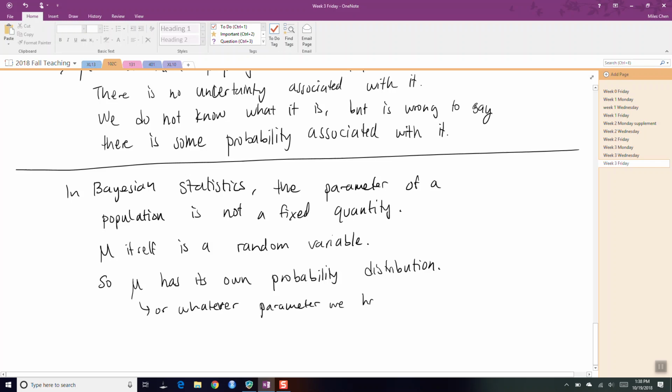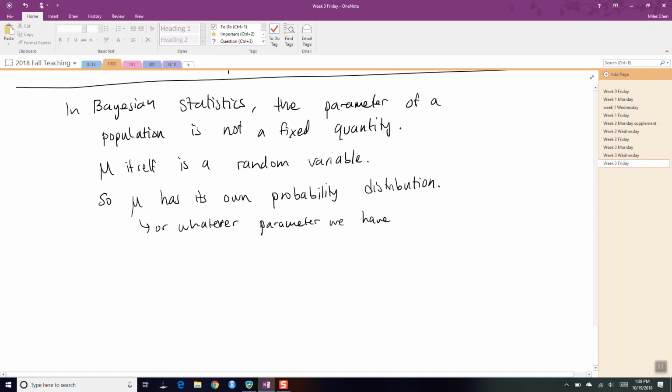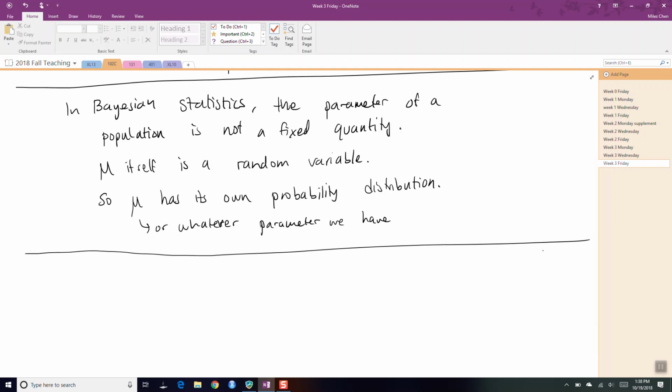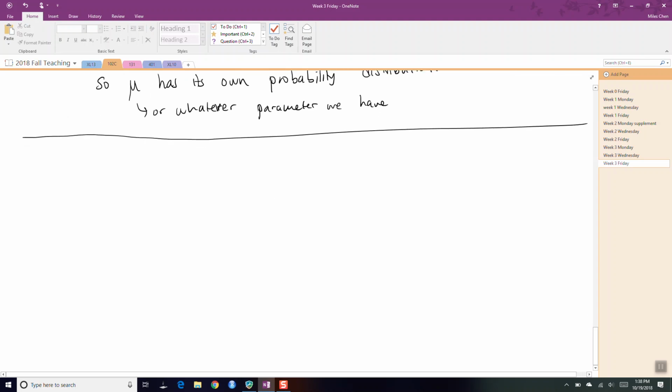Is that all right? And so the probability distribution associated with a parameter is going to be known as our, quote, beliefs about the parameter.